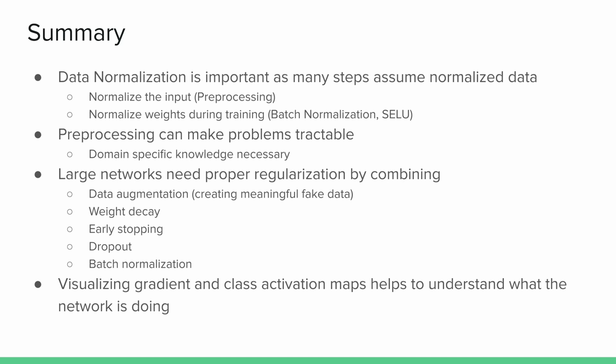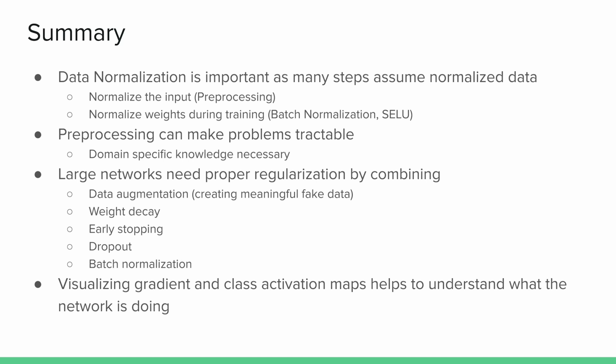Large networks need proper regularization. I told you before, the best performing neural networks are those that have a huge capacity but are well regularized. So what we can do is we can employ several mechanisms at the same time, like data augmentation, where we create meaningful data. We can employ weight decay.